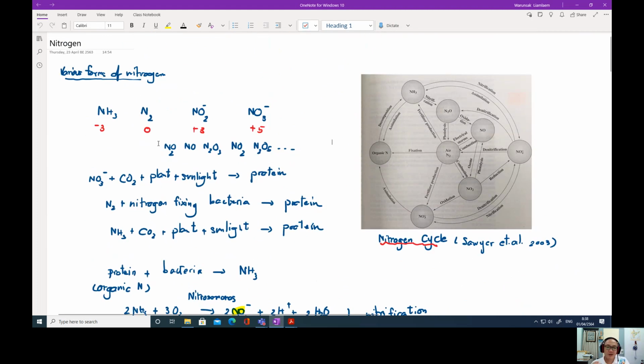For the nitrogens present in nature, before going into the details, I'd like to introduce you to the nitrogen cycle. This is the figure describing the nitrogen cycle in nature, which I obtained from Sawyer 2003. The textbook's title is Chemistry for Environmental Engineering and Science. You can visit the libraries and have a look.